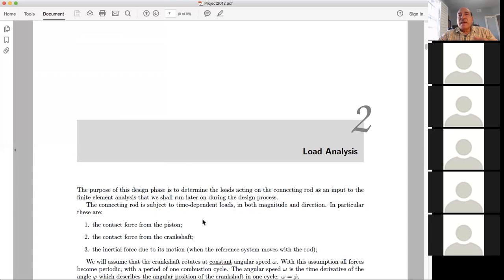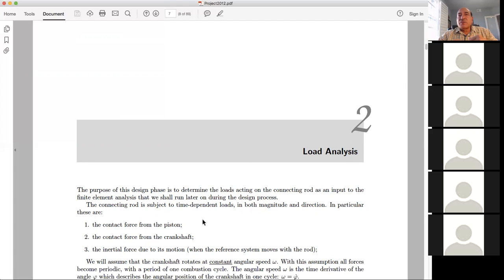Then after this selection, we will do 2 or 3 tasks by the 4th week. First task is what are the loads on the connecting rod, and how to calculate all of the loads on the connecting rod as a function of time or RPM.